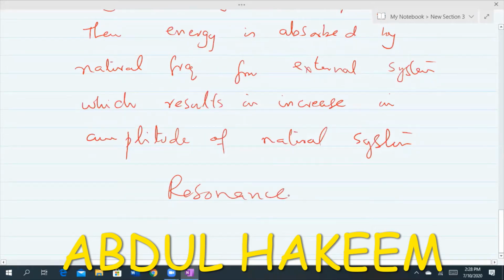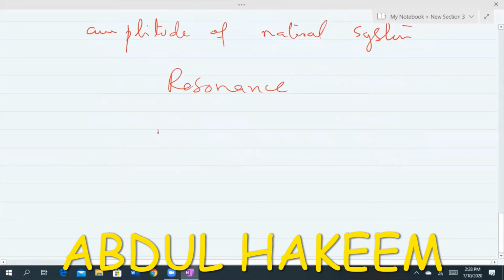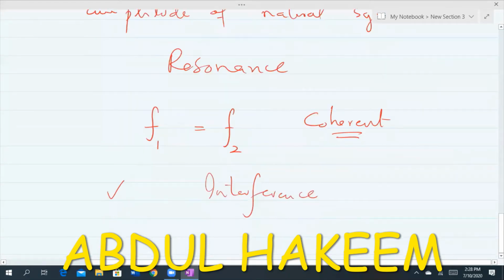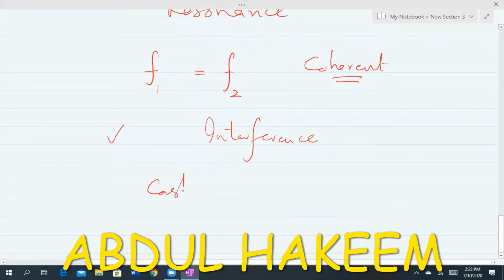And this is similar to AS waves. When the frequency of one wave becomes equal to the frequency of the second, both are called coherent, and this is a good condition for interference. So in constructive interference, amplitude increases. It's similar to that.